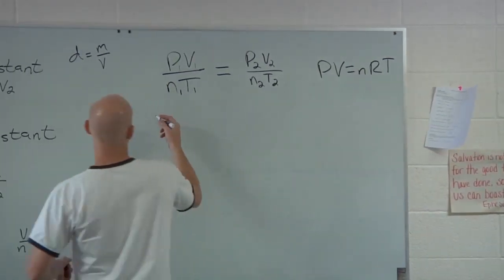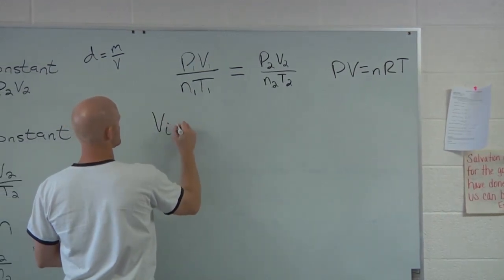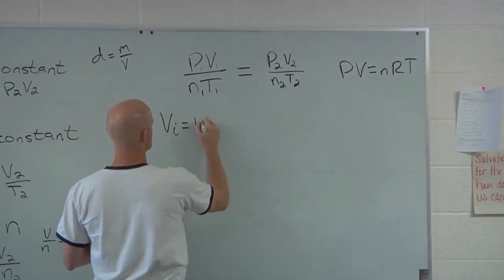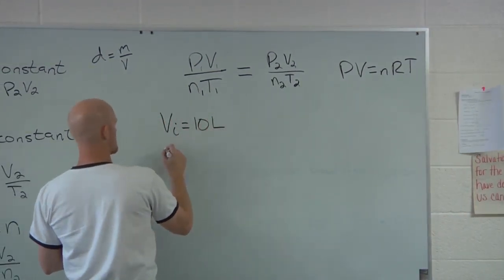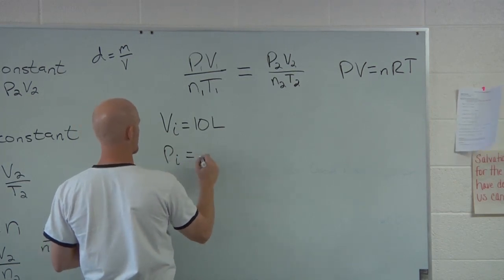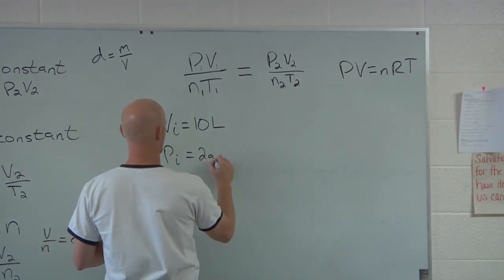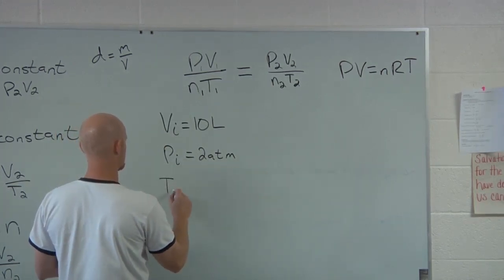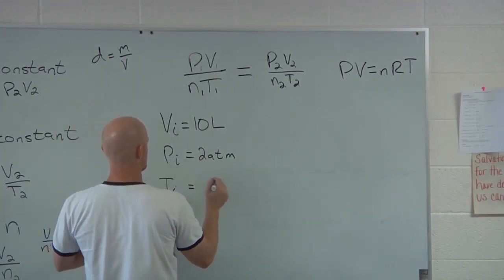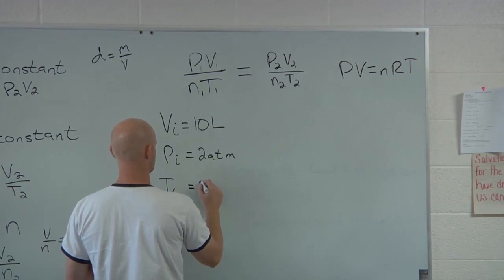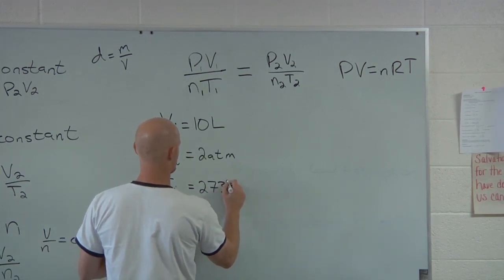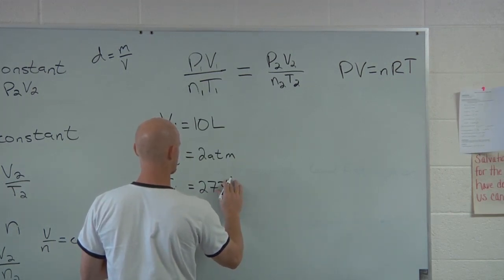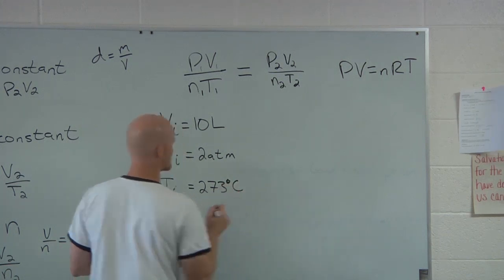Notice if I told you that the initial volume on a sample of gas is 10 liters, the initial pressure on the gas is 2 atmospheres, and the initial temperature is 273 degrees Celsius.